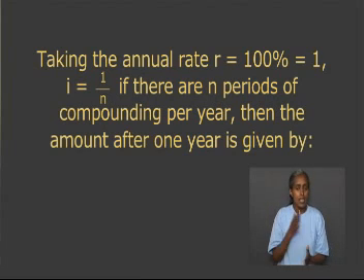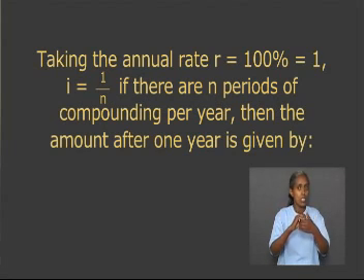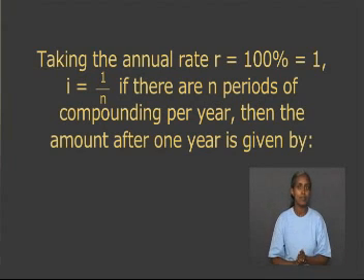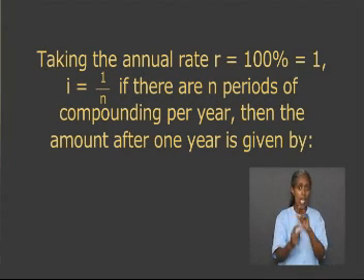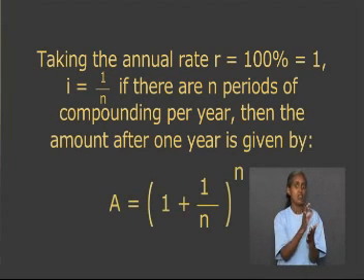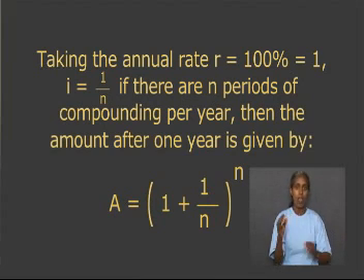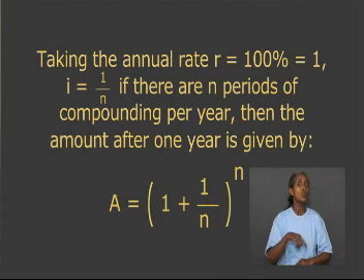If there are n periods of compounding per year, i equals 1 over n. The amount after 1 year is given by this formula. A equals (1 + 1/n)^n.